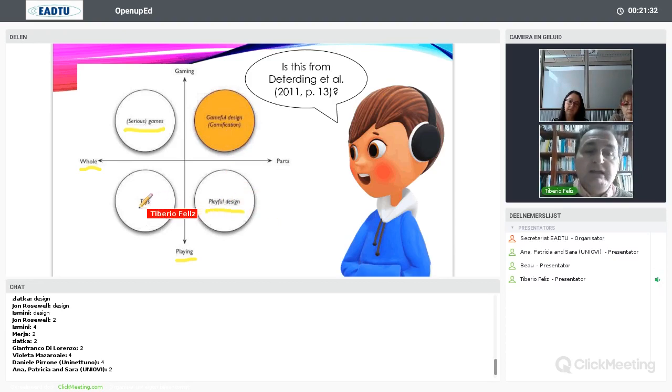By the way, when we talk about a whole design and playing, we refer to toys. This is according to the definition of Deterding. It's an interesting article because he has collected and analyzed a lot of definitions and texts, and it's very useful to organize our ideas around gamification.